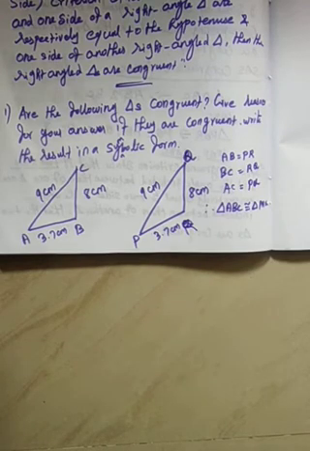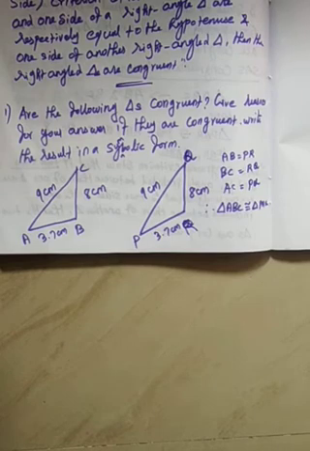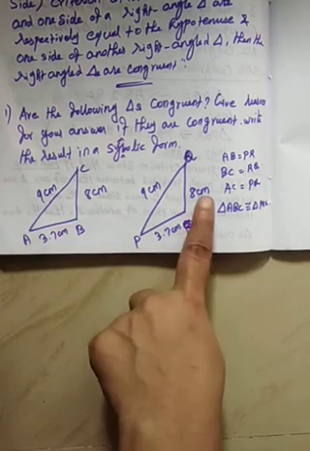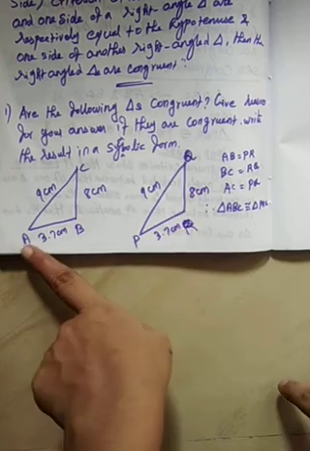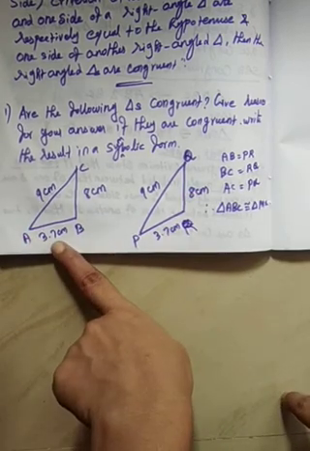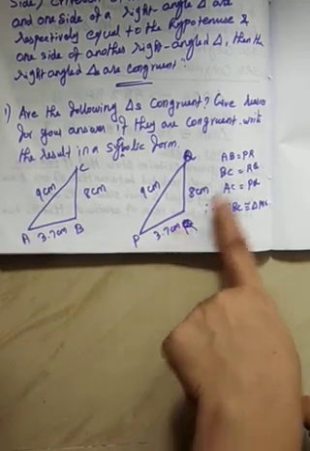Now you can check whether the given triangles are congruent or not. See, in these two triangles, they are congruent by triple S congruence criterion, because three sides are equal, right? See here AB equal to 3.7, here also PR equal to 3.7.